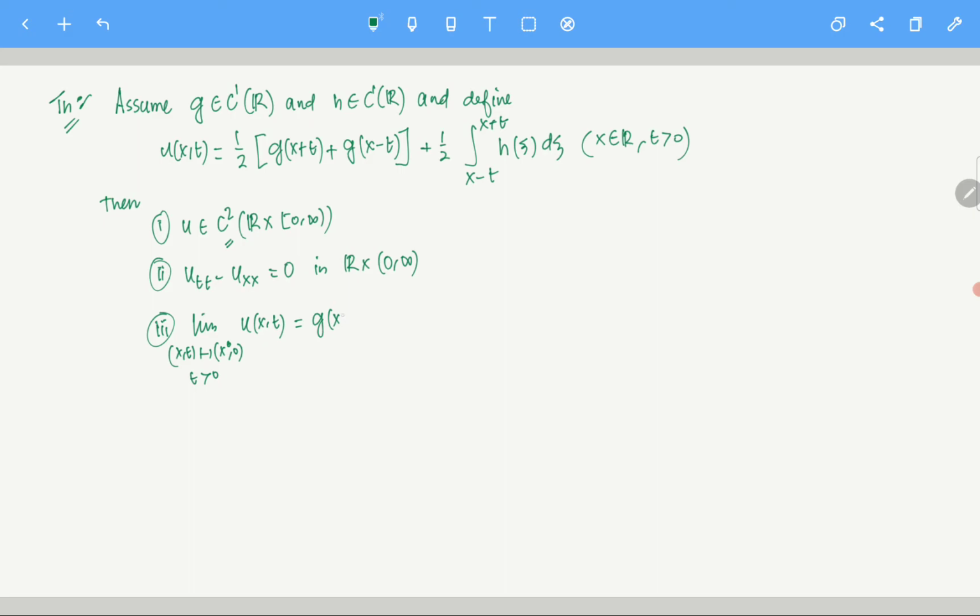Clear? And the same happens with u t: the limit as x, t goes to x0, 0 with t positive, u t at the point x, t becomes h of x0.